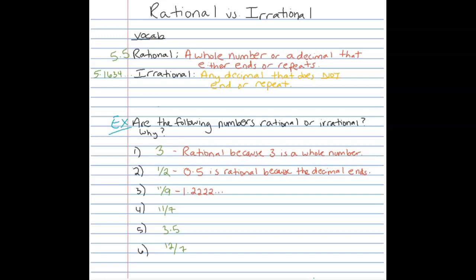The way that I'm going to write that, and you're going to see this a little bit more often, is we're going to have a bar over it. If I see that bar over it, that tells me that we're going to be repeating. If I had all the space in the world, I would be writing more 2's. And because I know it repeats, because we have this bar right here, we can tell that it is rational.